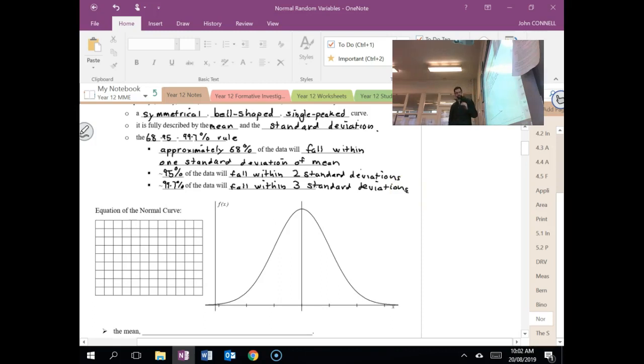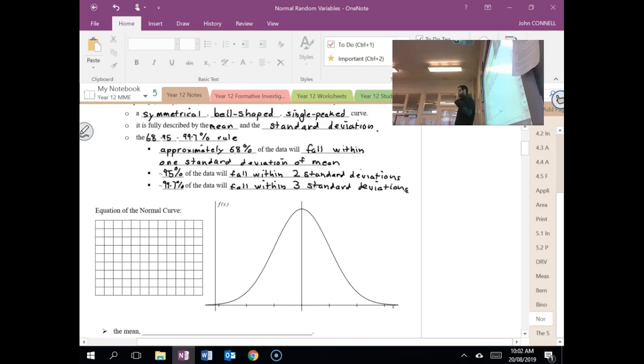Now, there are two ways to interpret what I've just said. We could say, as I've said here, that 68% of the data will fall within one standard deviation of the mean. And I'll explain this in a little more detail. But the other way to think of it is, given one particular value, there is a 68% chance, or the probability is 0.68, that that value will be within one standard deviation of the mean.